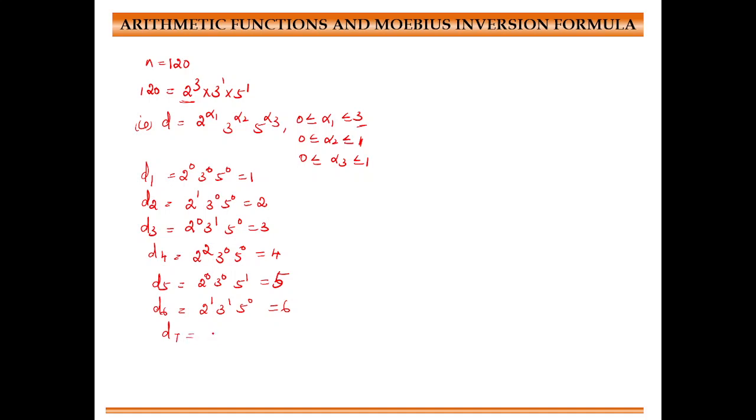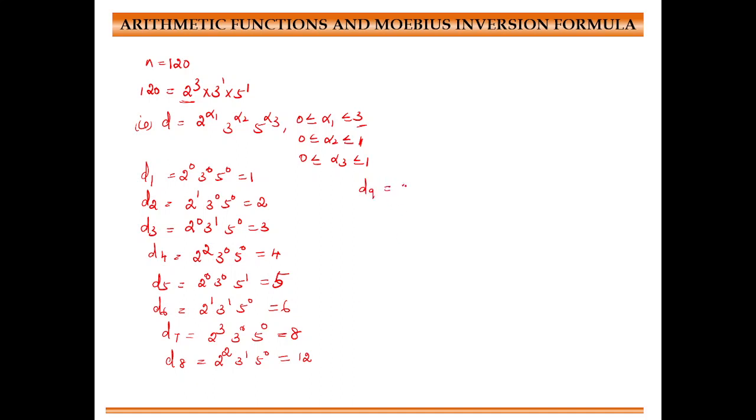D7 is equal to 2 power 3, 3 power 0, 5 power 0, which is equal to 8. D8 is equal to 2 to the power 2, 3 to the power 1, 5 to the power 0, that is 12.